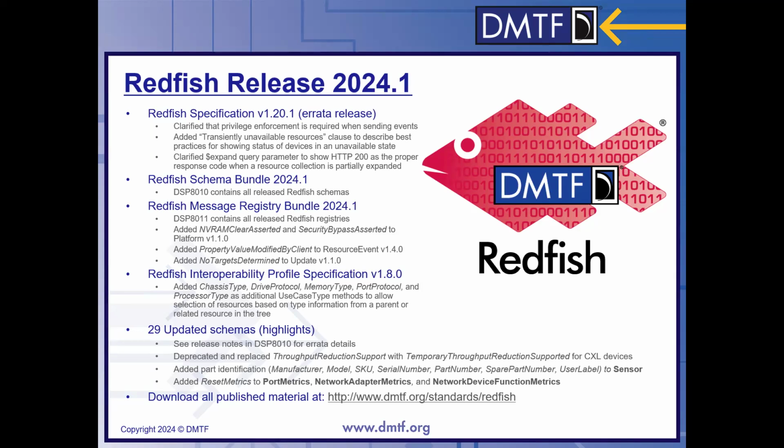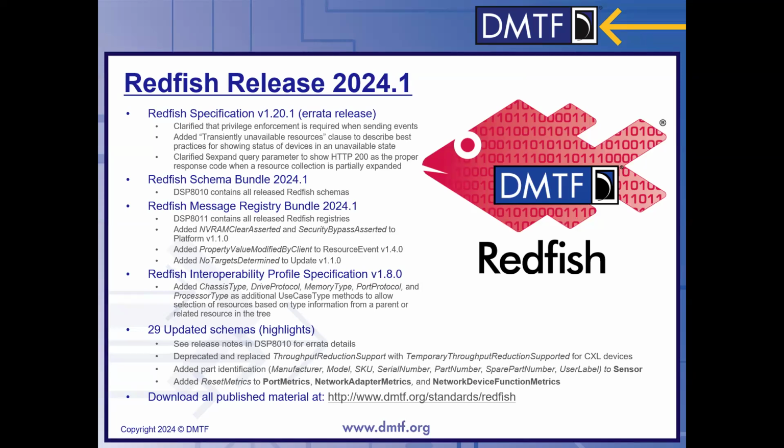So you'll see we added things about an NVRAM clear or a security bypass switch having been asserted. These were common features in many server implementations, and so it was worthwhile to create standard messages for those things. There were also a couple other pieces that were just minor additions to cover cases that had been missed.